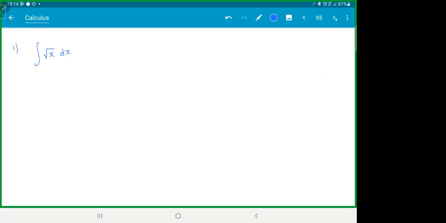Integral of root x dx from 1 to 2. Integral of 1 by 2 root x dx from 0 to 1. Integral of sine 3x dx from 0 to pi by 12. Let's say pi by 6.